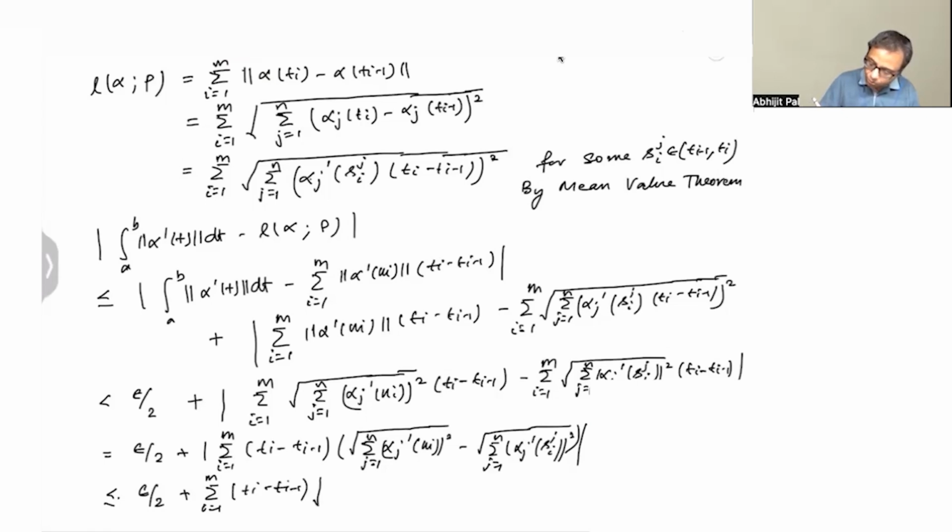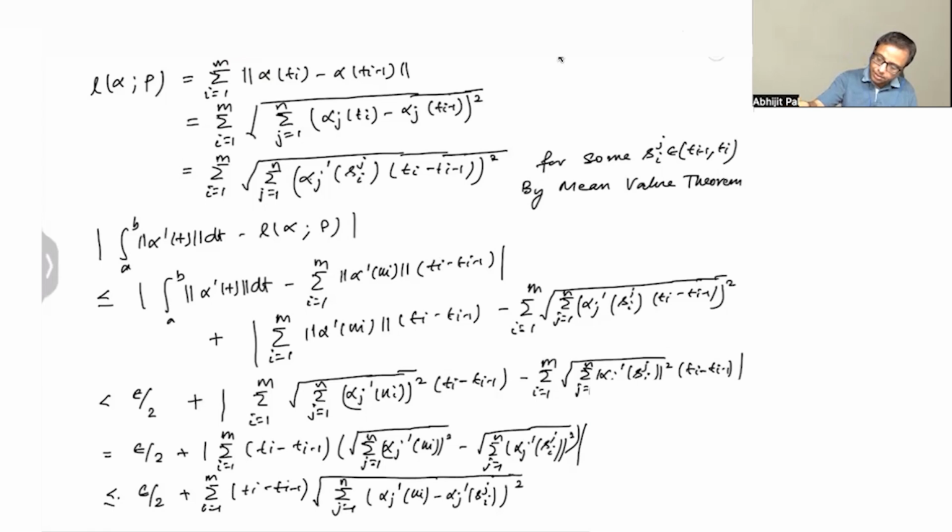It is root over summation j equal to 1 to n, alpha j prime ui minus alpha j prime sji, and you take the square here.